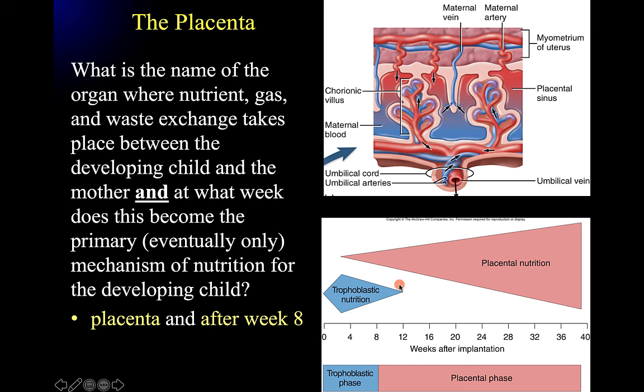We actually derive some nutrition directly from the trophoblast, which would be that chorion, or those chorionic cells around the outside of that blastocyst at first, and then the gastrula. But that trophoblastic nutrition, directly deriving that from the cells of the uterus, is going to be relatively short-lived, and we decrease the significance of that as we see the placenta grow.